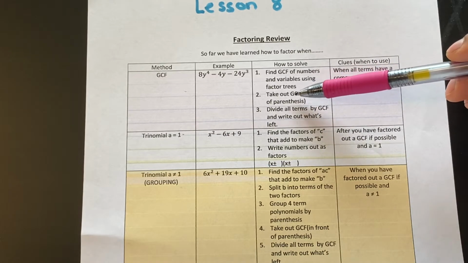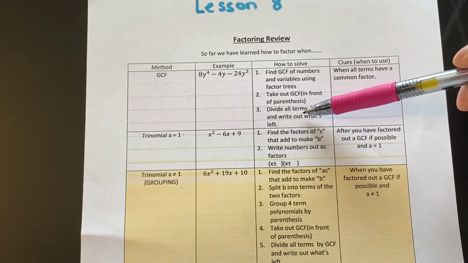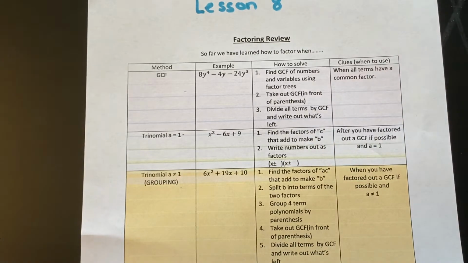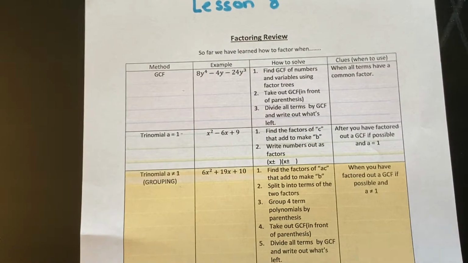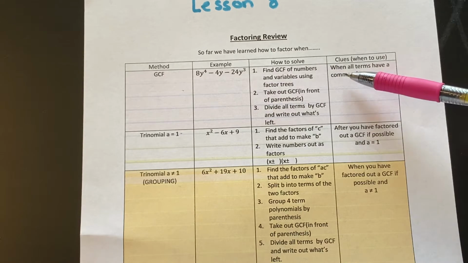When you take out the GCF, you put it in front of the parentheses, and you divide everything that's left by that GCF to see what's left. You put what's left in parentheses. And when do you solve using the GCF method? When all of the terms have a common factor.